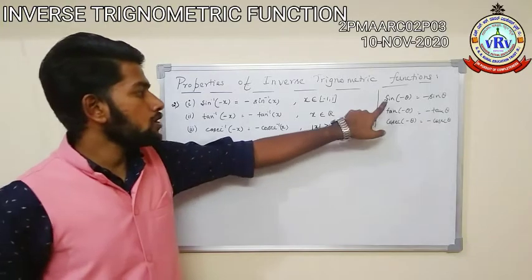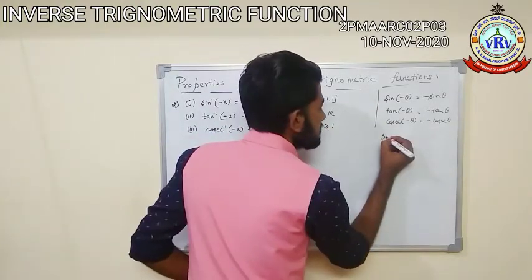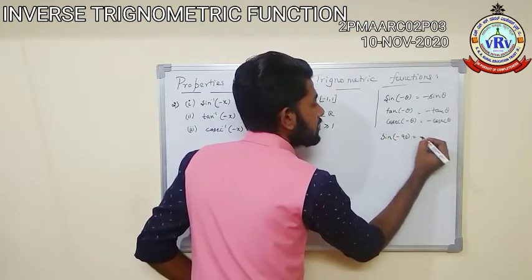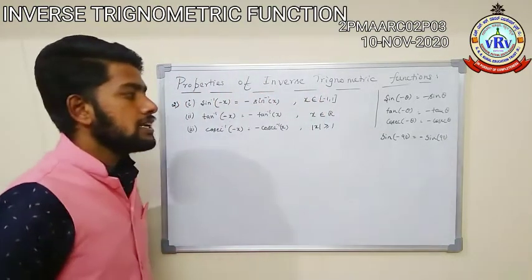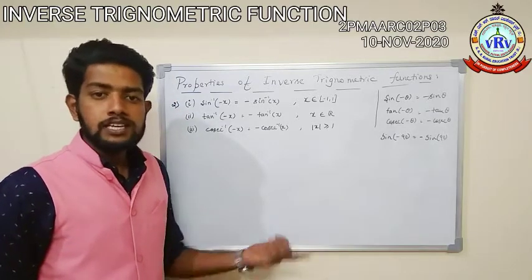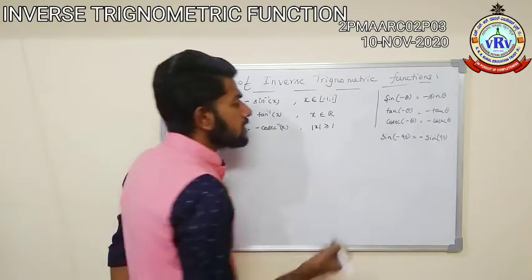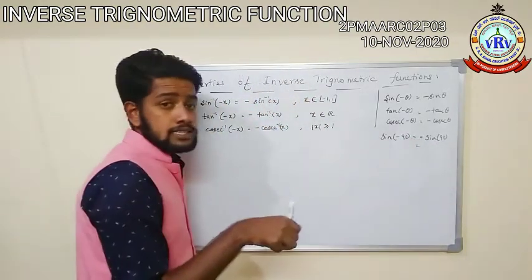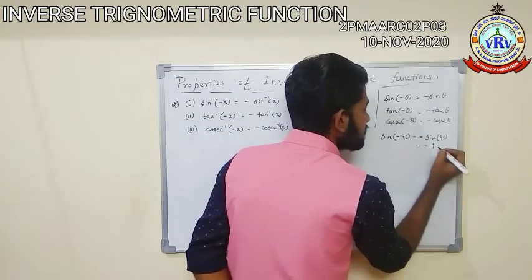This condition we already proved in our first class, which tells us if we want sine of minus 90 degree, it is enough if we know sine 90, and for that value, if you use negative sign, that will be the answer. Sine 90 value is 1. Instead of finding minus 90, it is enough we know the sine 90 value, that is 1.